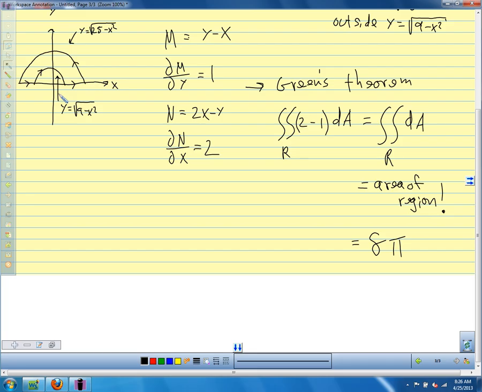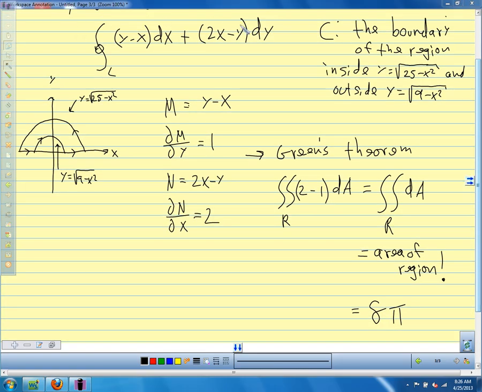This is just the area of the region. So we changed evaluating these 4 messy line integrals on these 4 different lines into the process of finding the area between 2 circles. That's pretty awesome. So that's how Green's theorem can help us. We have this simple closed curve, we're evaluating the line integral around that curve, and it turns into finding the area between those 2 circles.